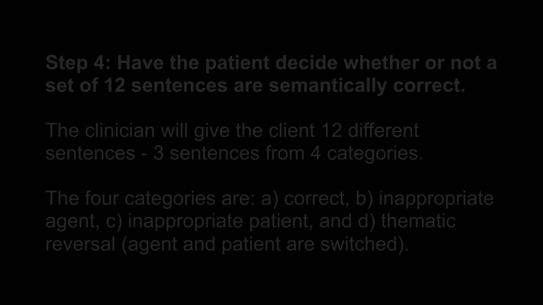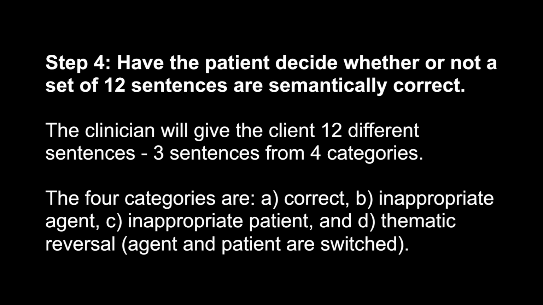Good job. Step 4. Have the patient decide whether or not a set of 12 sentences are semantically correct. The clinician will give the client 12 different sentences, 3 sentences from 4 categories. The four categories are A, correct, B, inappropriate agent, C, inappropriate patient, and D, thematic reversal, where the agent and patient are switched.